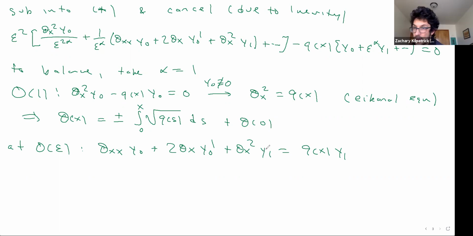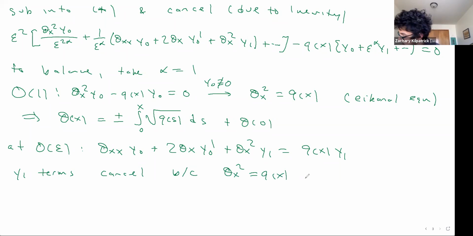But fortuitously, no matter what, this part here is going to cancel out, okay? Because of the Eikonal equation up here, as long as theta x squared is equal to q of x, these terms cancel out. So the y1 terms are going to cancel because theta sub x squared is equal to q of x.